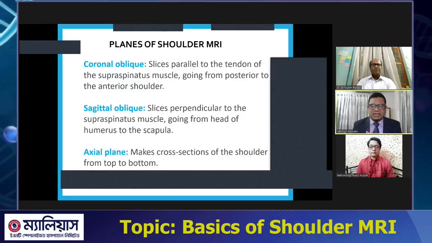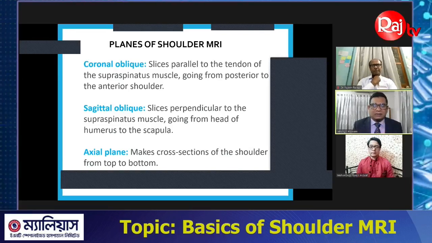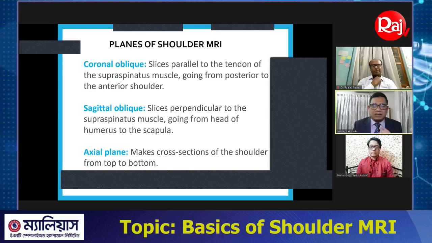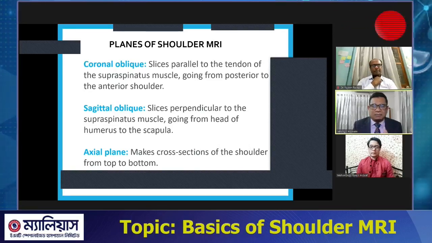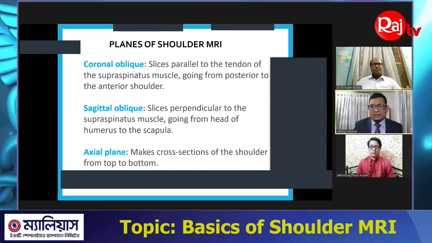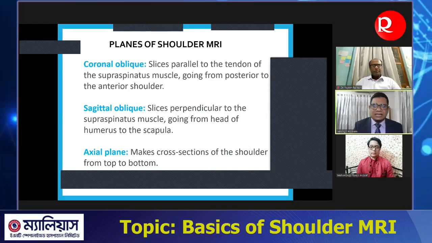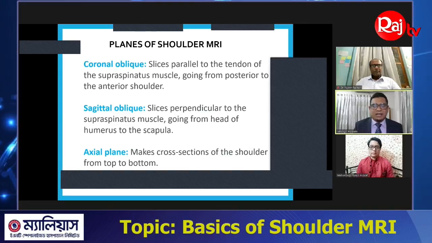Before going to the next slide, we must remember the three planes required for the films: coronal oblique, sagittal oblique, and axial plane. We must know the three films, coronal, sagittal, and axial, to get the information from the MRI film.